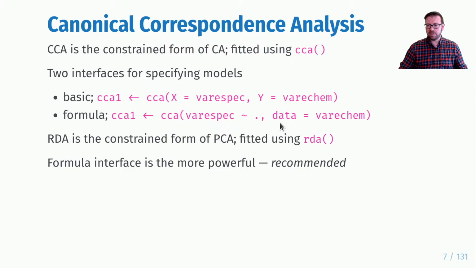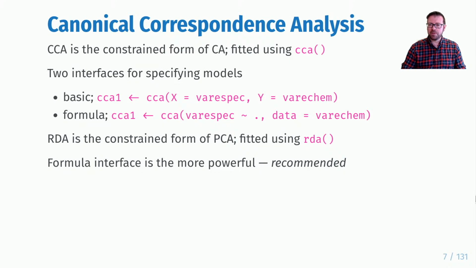That just means give me everything from the data frame specified by the data argument. So you have a data frame on the left-hand side, and then the dot specifies all of the variables that are inside var chem. I've just written this for space, but you'll see in a minute what we really want to be doing is actually specifying a model properly here and stating which variables should be included.